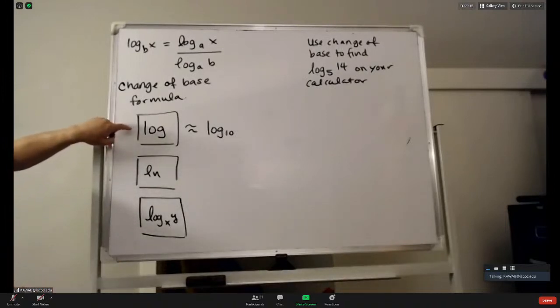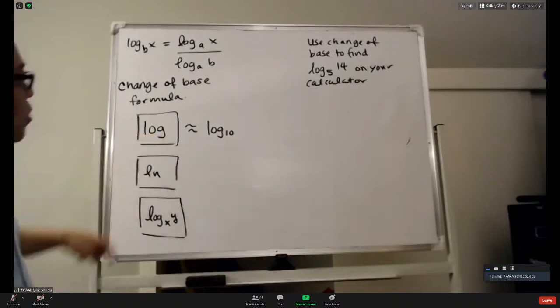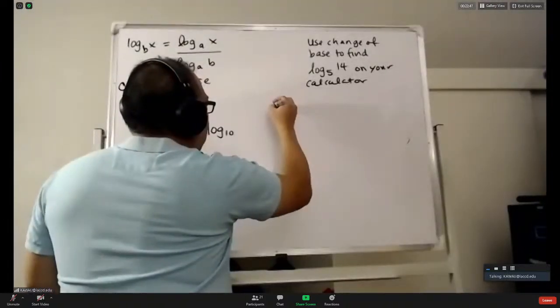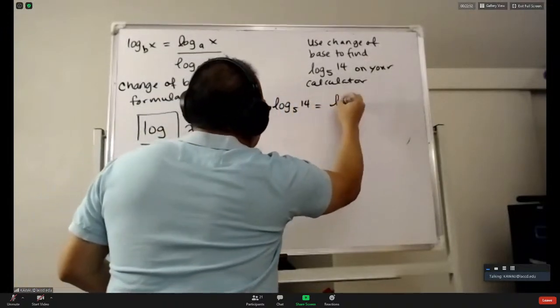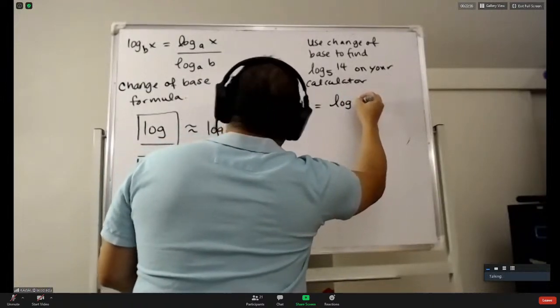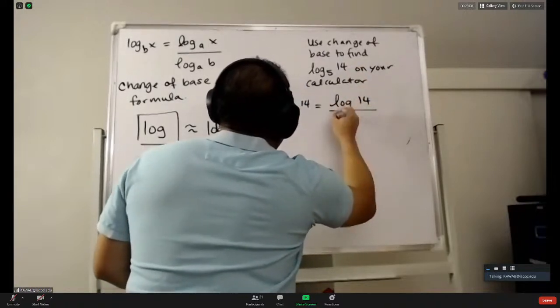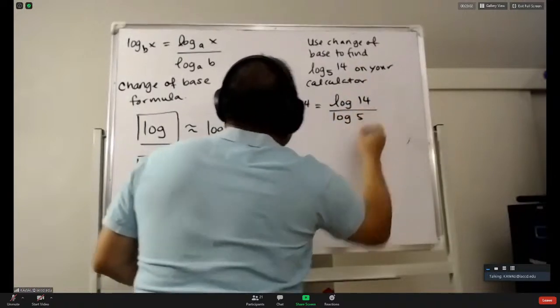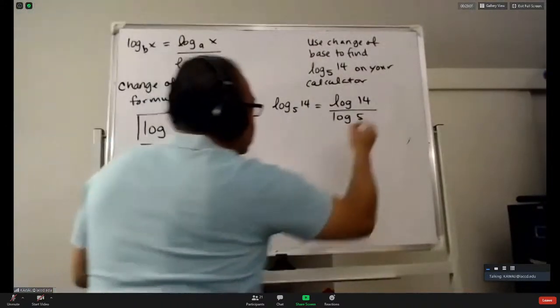Now, if you have this button, so usually you'll say log or with nothing here, or sometimes it'll have a 10 here. What you'll do is you'll say, well, log base 5 of 14 is equal to log 14 divided by log 5. So it's always the parameter over the base.